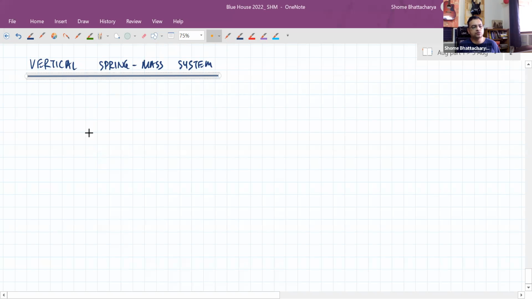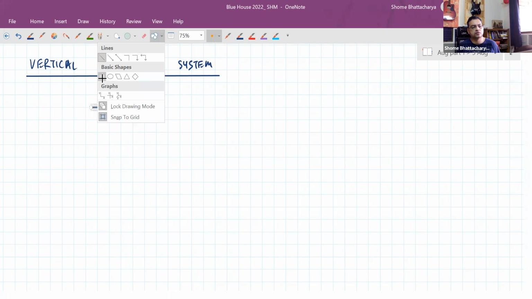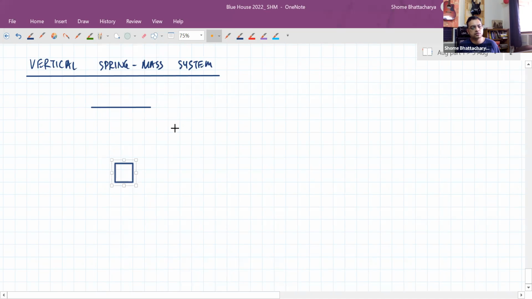So the basic template of the vertical spring mass system is, imagine we have a block attached to a spring suspended vertically, and the spring is ideal, so it is massless.